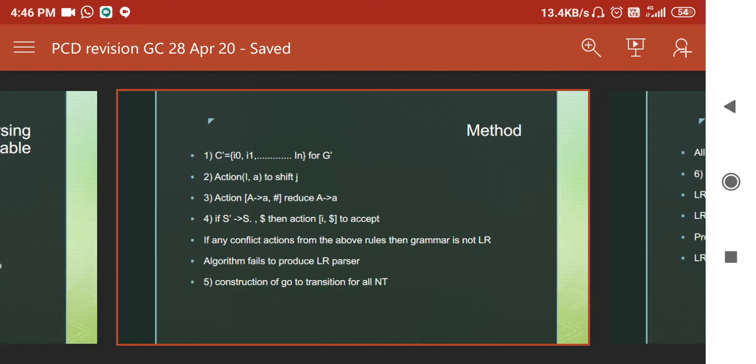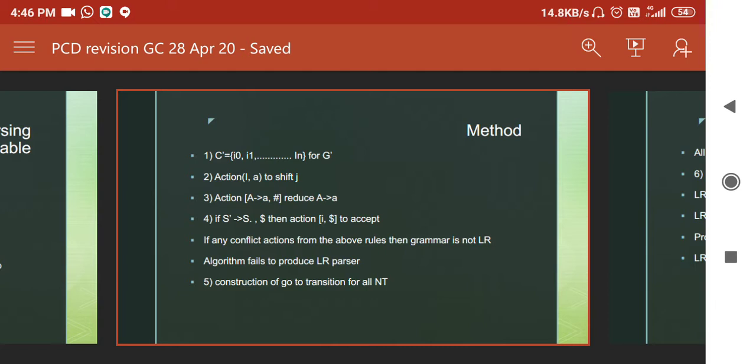These types of movements we call the reducing process. For example, A gives xyz dot. Here we take the xyz and convert it into capital A. These types of conversions we call a reducing process. So the second action is shifting, the third action is reducing, and then the fourth action.